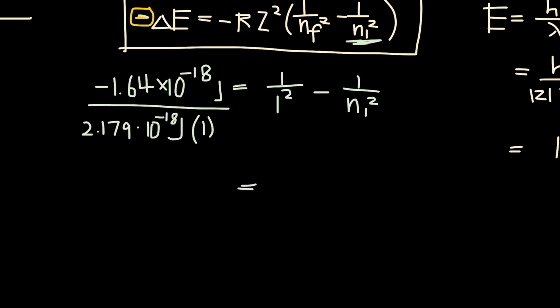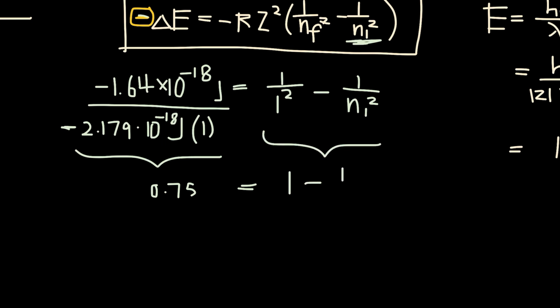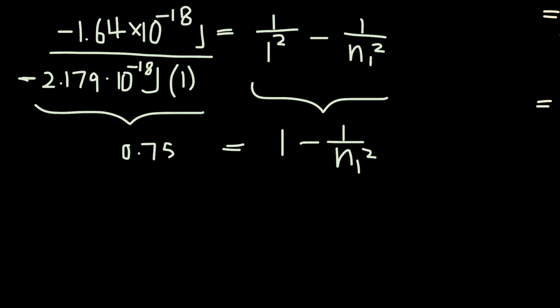So that is going to give us, this has to be negative because it's negative R. So this part is going to end up being positive around 0.75. Here it's going to be 1. Now let's move things around. We can make this positive by putting it to the left-hand side. And then we can move this to be with 1.